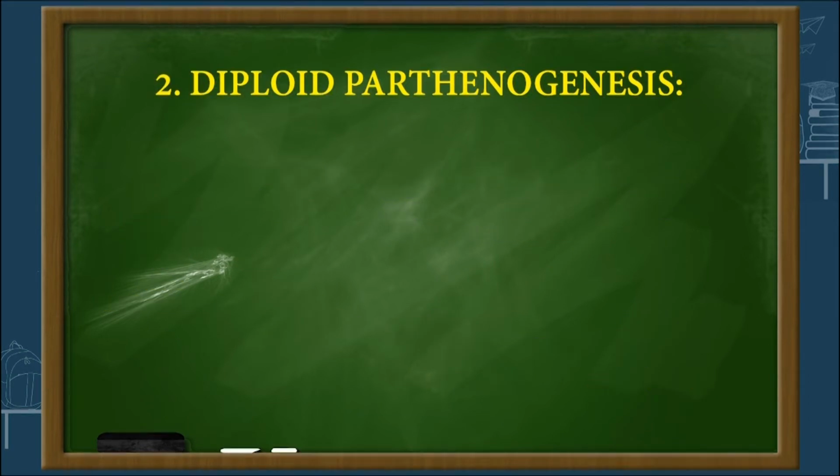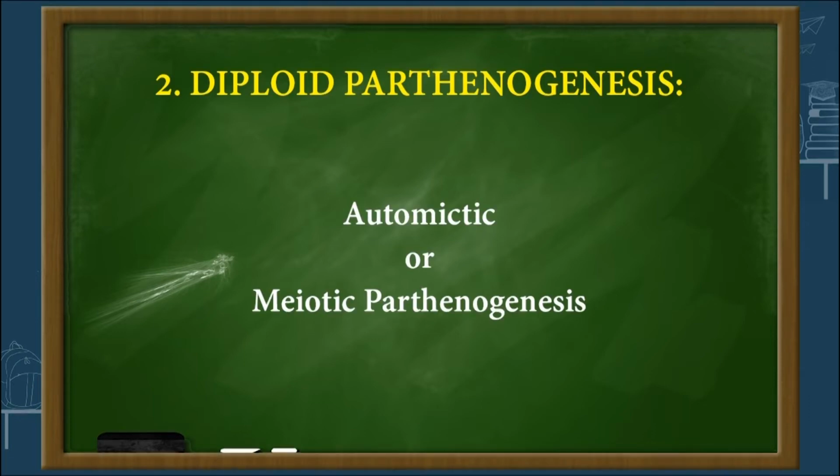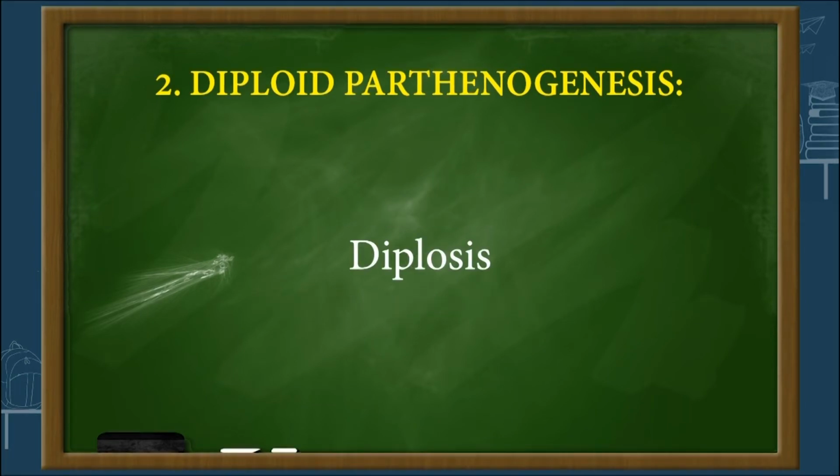Now let us look at the second type of parthenogenesis, that is diploid parthenogenesis. It is also called automictic or meiotic parthenogenesis. In this case, normal meiosis occurs, but the chromosome number is doubled by a process called diplosis. This diplosis occurs either before or after meiosis.